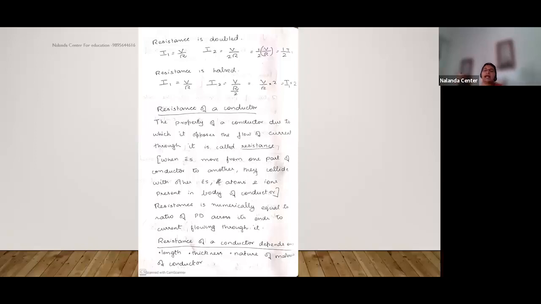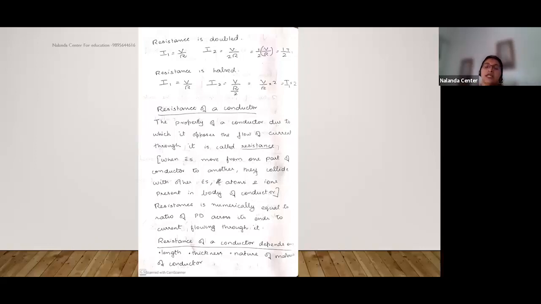Okay, when electrons move from one end to another end, these electrons are going to collide with other electrons, with other atoms, and with ions, which are present throughout the body of the conductor. These collisions are the reason for resistance along the conductor.